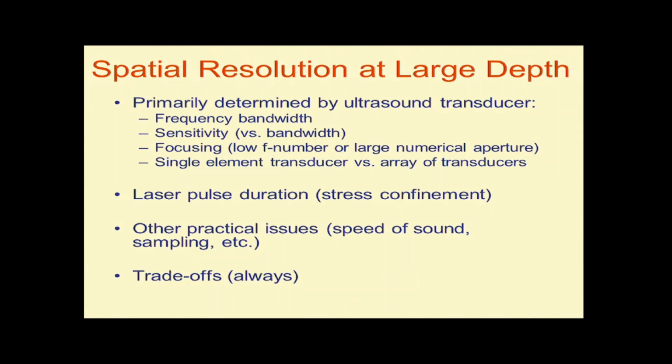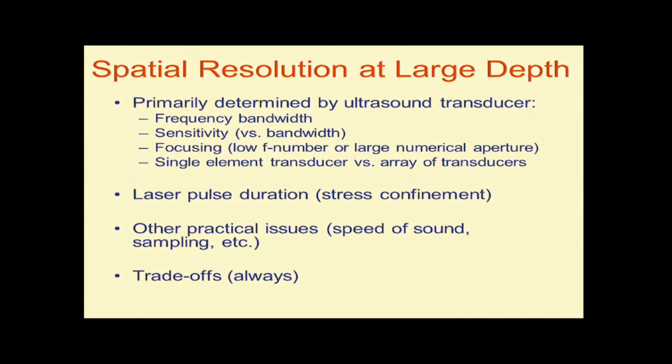You want a higher sensitivity, your bandwidth will not be as great. It's the focusing, which is simply large numerical aperture if I speak optical language, or low F number if I speak ultrasound language. And of course, whether I use a single element transducer versus an array, and we've heard before that focusing will be much more versatile if you use an array of transducers.